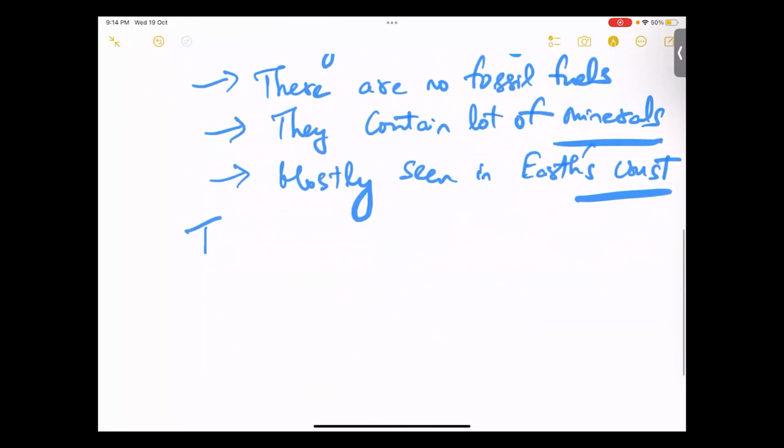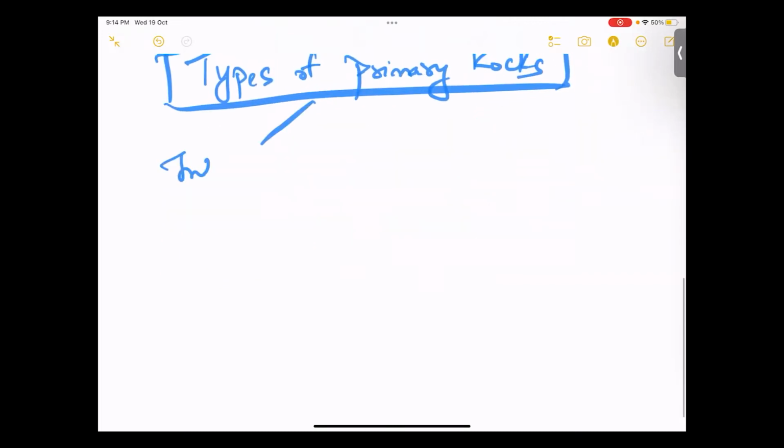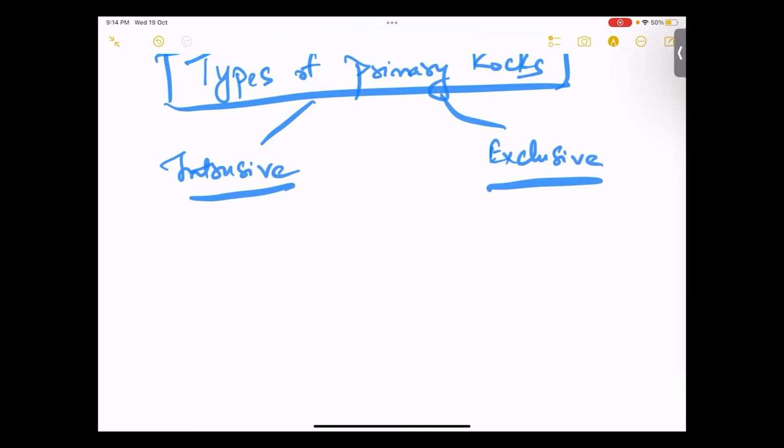So what are the types of primary rocks? We all know the primary rocks are further divided into two categories. One is intrusive, another is extrusive. So what are intrusive, what are extrusive? Intrusive, as the meaning goes, they basically form inside the earth.